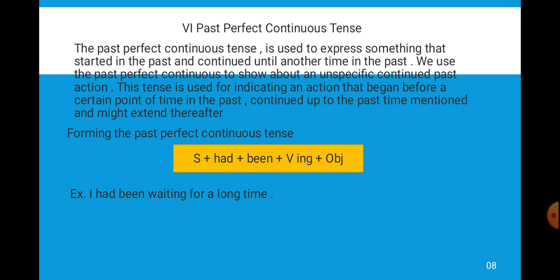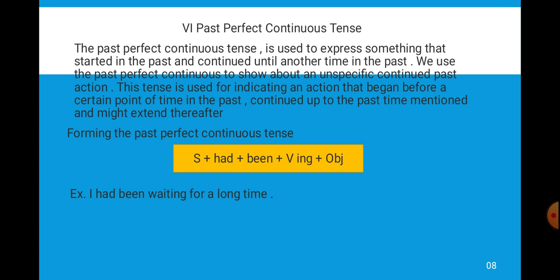Now we are talking about the past perfect continuous tense. The past perfect continuous tense is used to express something that started in the past and continued until another time in the past. We use the past perfect continuous to show an unspecific continued past action.